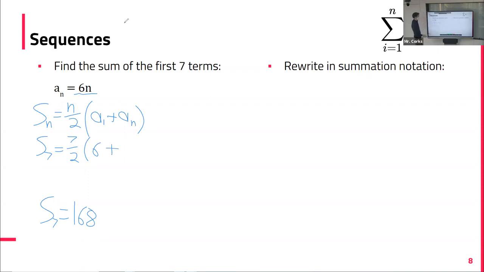And on the other side, 42, 6 times 7. All right, so 7 over 2 times 48. And I would simplify this as 7 times 24, and then, okay, it's going to be 168.